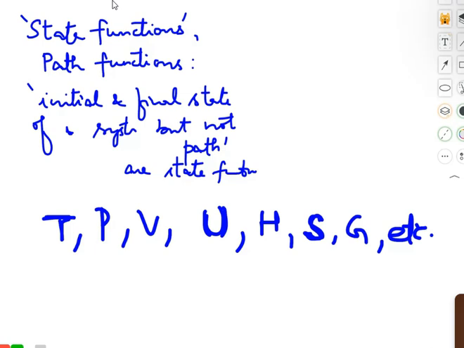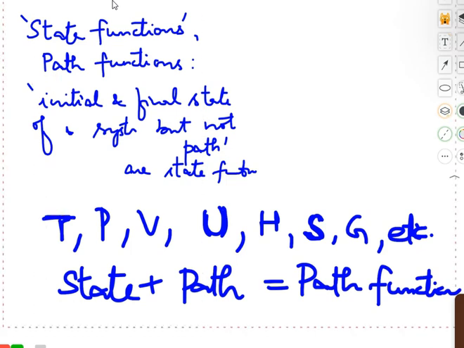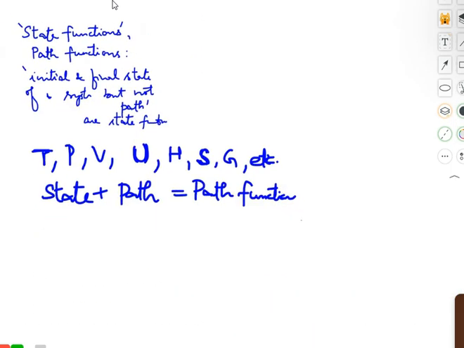On the other hand, those variables which are also affected by the path, we can call them path functions. So state function plus path is equal to your path function. Which can I call a path function?